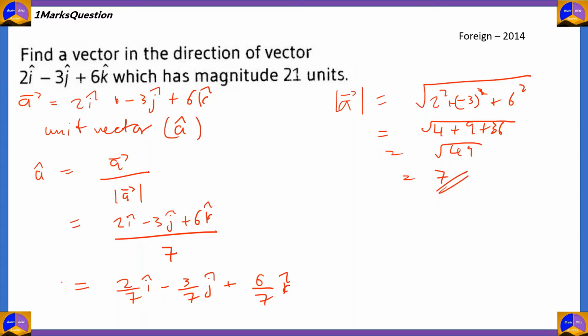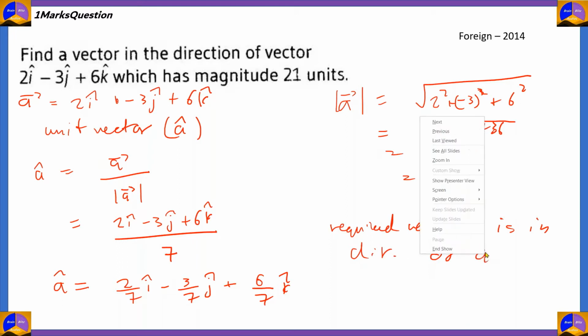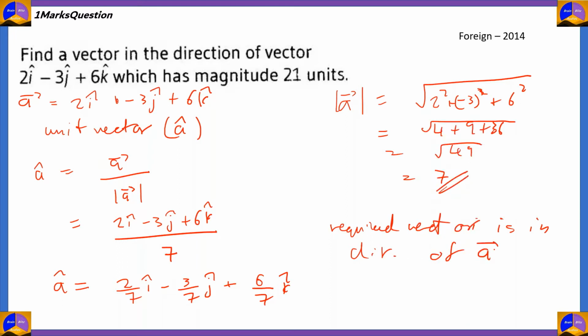So this is the unit vector A cap. So in our question, the required vector is in the direction of A. So it is in the direction of vector A.